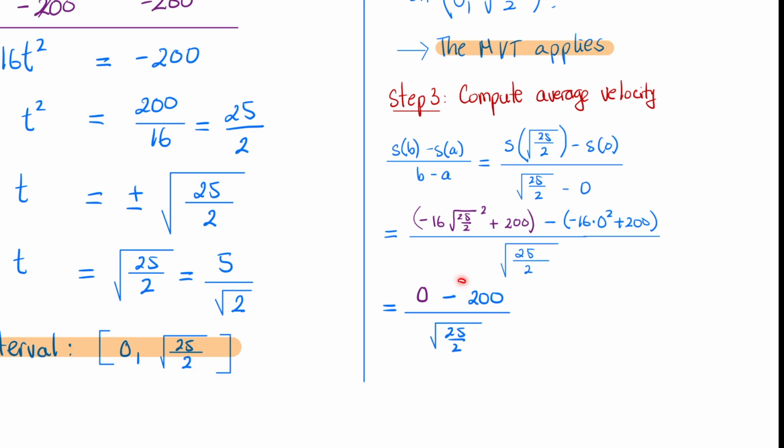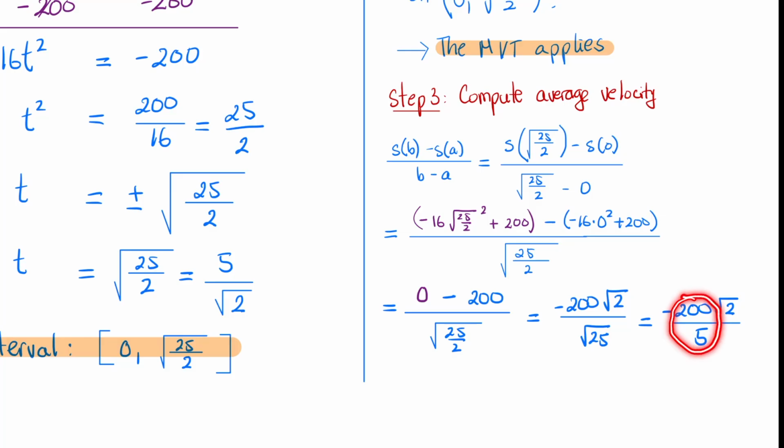So I have negative 200 over square root of 25 over 2, which is negative 200 times root 2 over root 25. And root 25 is 5, and 200 divided by 5 is 40.